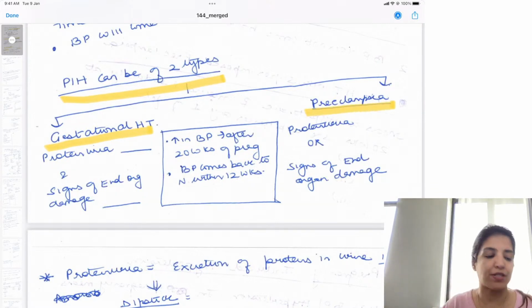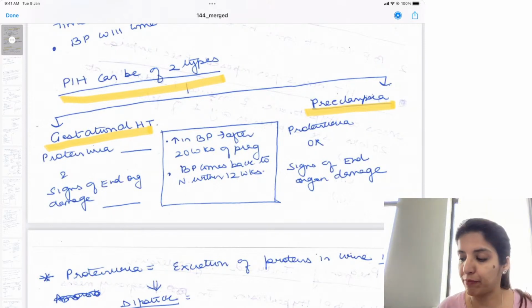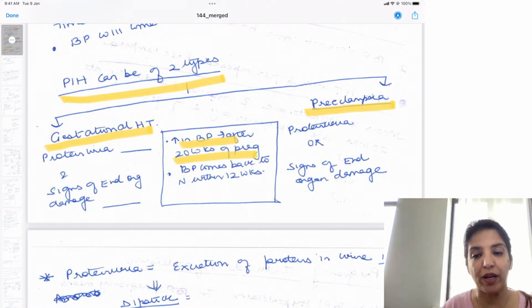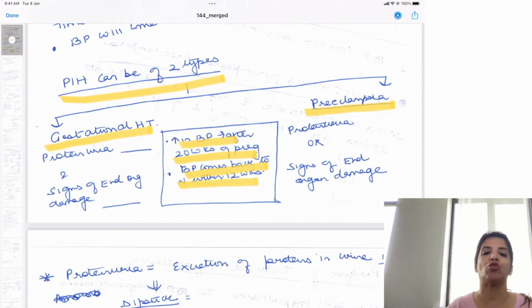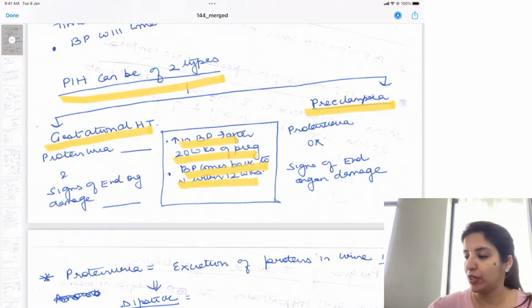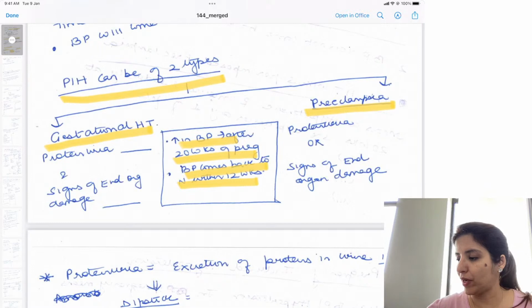In both these cases, whether it is gestational hypertension or preeclampsia, the increase in BP will be seen after 20 weeks of pregnancy, and in both these conditions BP will come back to normal within 12 weeks of delivery.